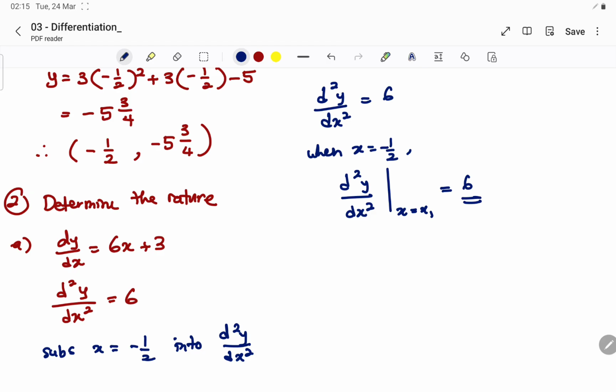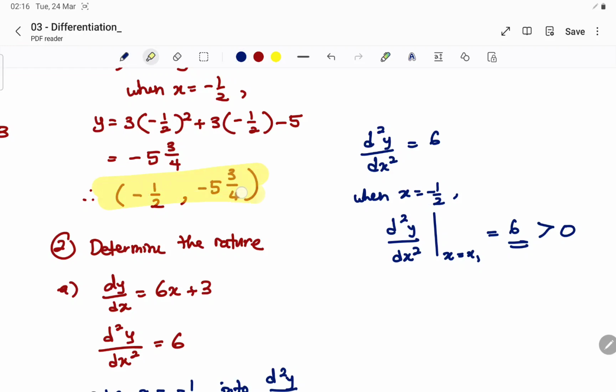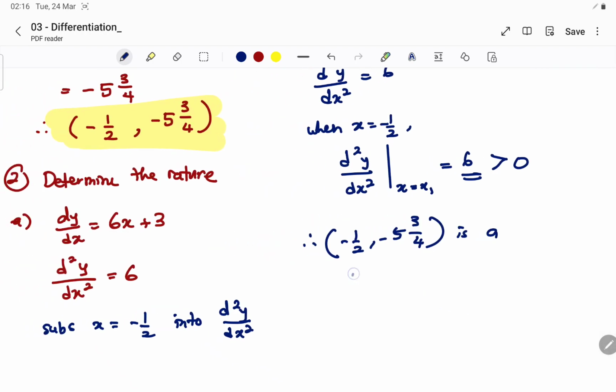So you got 6, and you just have to check whether 6 is greater than 0 or less than 0. It is greater than 0. When it is greater than 0, the point that you got just now, negative 1 over 2, negative 5 3/4, is a minimum point.